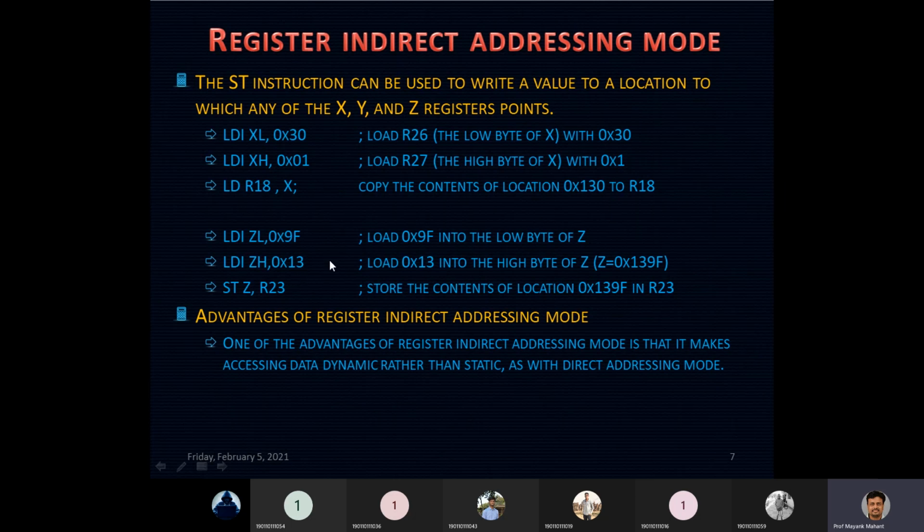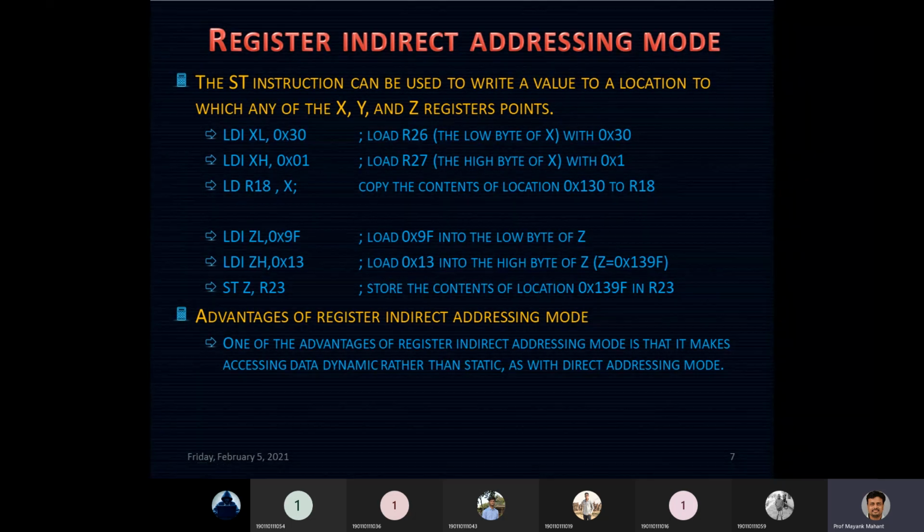The address formed with ZH and ZL is 139F, and ST will store the content of R23 into the location pointed to by the Z register, exactly 139F. If you investigate after executing this code, you will find the value of R23 stored into the memory location 139F.